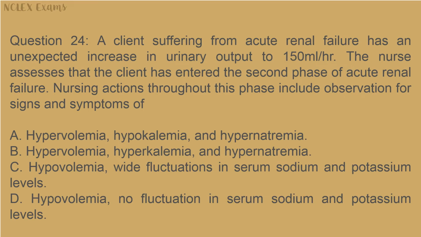Question 24. A client suffering from acute renal failure has an unexpected increase in urinary output to 150 milliliters per hour. The nurse assesses that the client has entered the second phase of acute renal failure. Nursing actions throughout this phase include observation for signs and symptoms of A. Hypervolemia, hypokalemia, and hypernatremia.